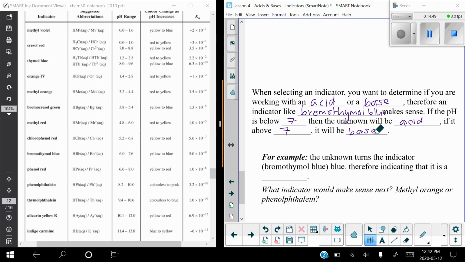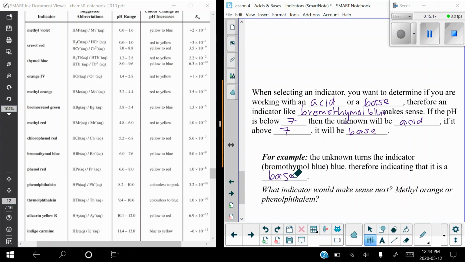So now, for example, the unknown turns the indicator bromothymol blue, blue. Therefore, indicating that this is a base. Okay, so if bromothymol turns blue, that means it has a pH of 7.6 or greater, therefore in the basic region. Then, what would our next indicator be?